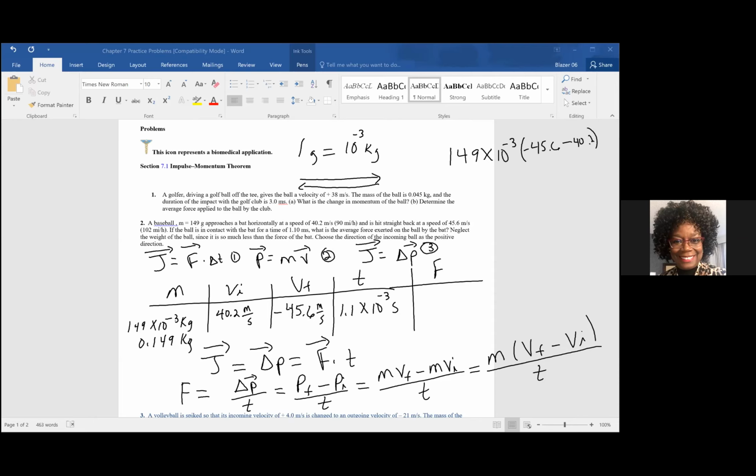And the units in both cases is meters per second. And I divide that by time. And time is 1.1 times 10 to the minus 3 seconds. So minus 3 and minus 3 will cancel.